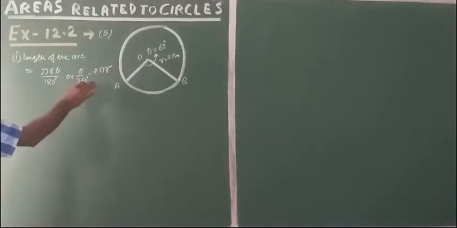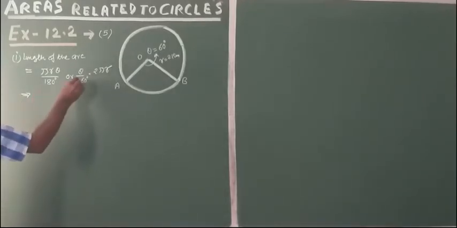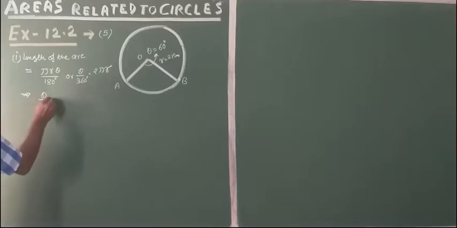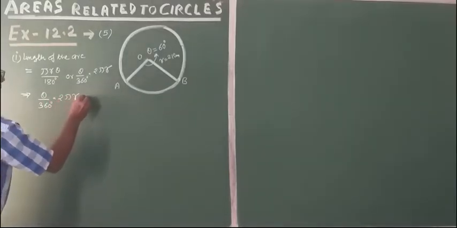You can use either of the formulas. Suppose I am using this formula, theta upon 360 into 2 pi r. Now put all the values here.